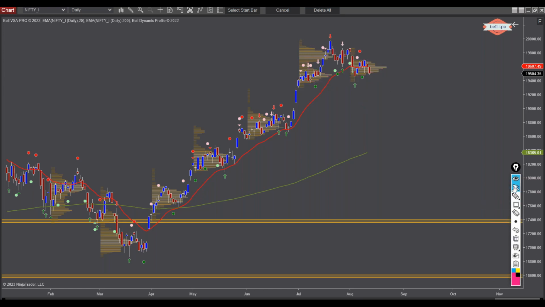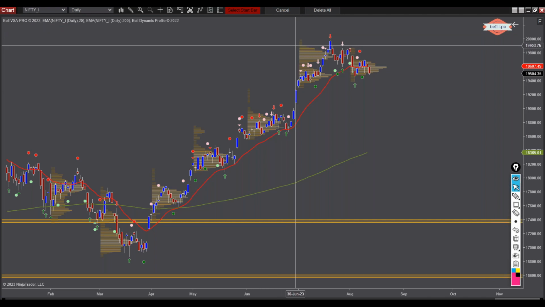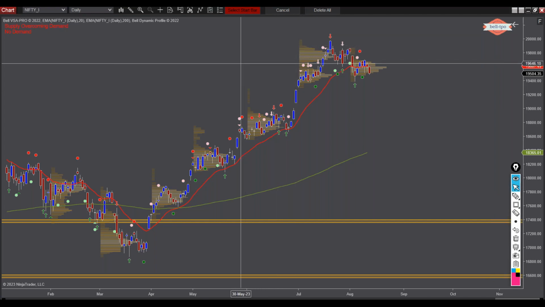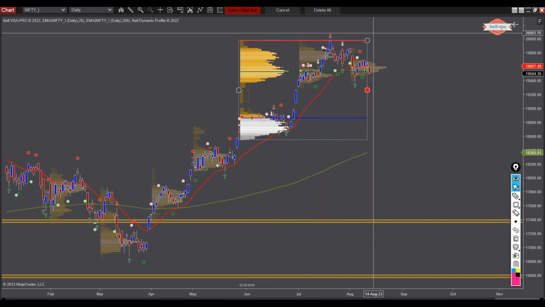And I think I just showed examples of this to my co-trading workshop members. There is another fantastic tool that Build TP offers, and that is Build Dynamic Profile. All right. So let's say I start here, and I start moving to the right, and this is what I get now.